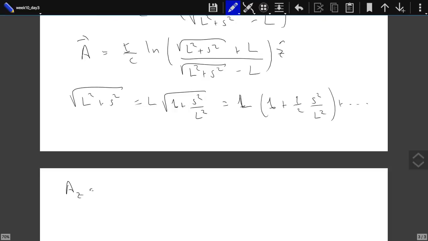So then A_z, which is I over C times the logarithm. Well, the L's, let me just keep it: 2L plus 1 over 2L S squared, which is the numerator. You see, I have plus L in the numerator, so that's why I ended up having 2L plus the second term, divided by L times 1 over 2L times S squared.